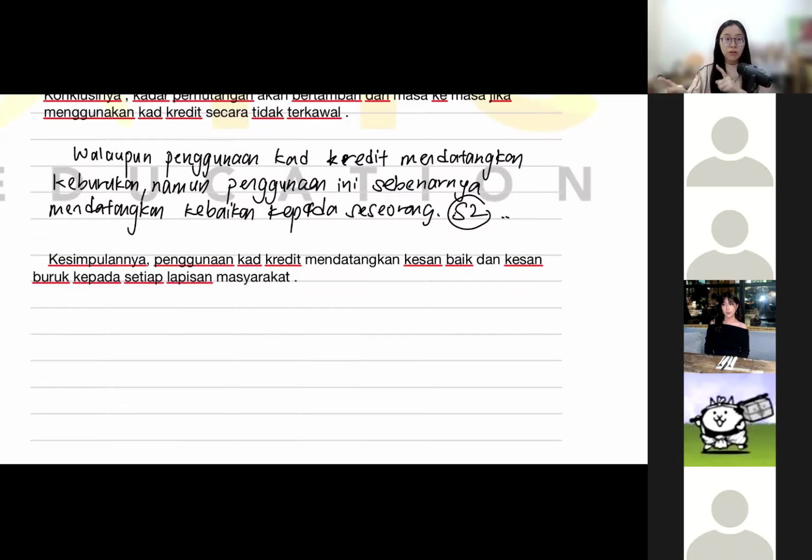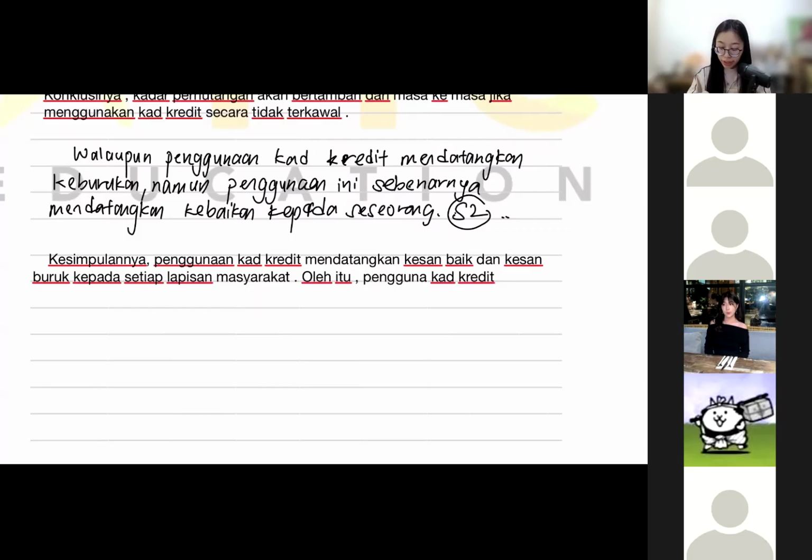Then only you say therefore, okay? Pengguna kad kredit perlulah buat apa? Okay, oleh itu, pengguna kad kredit, like pengguna kad kredit have to do what? The user for credit card, what do they have to do? Spend rationally. Okay, yes, correct.